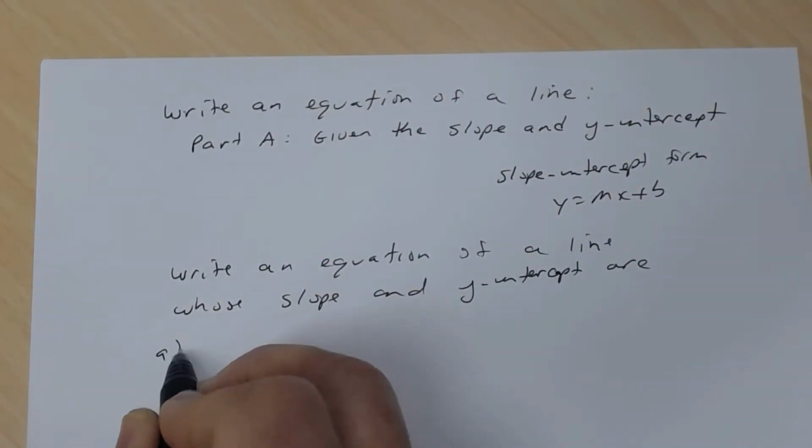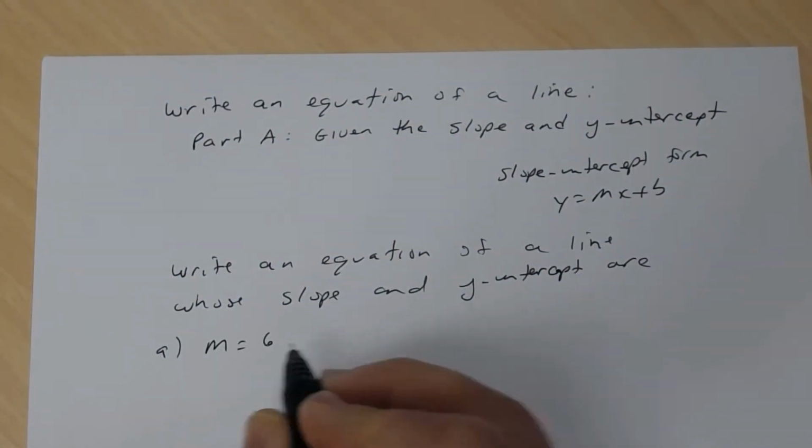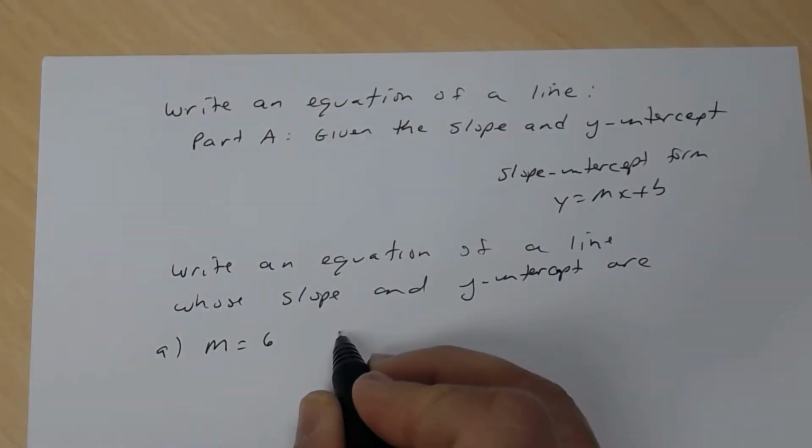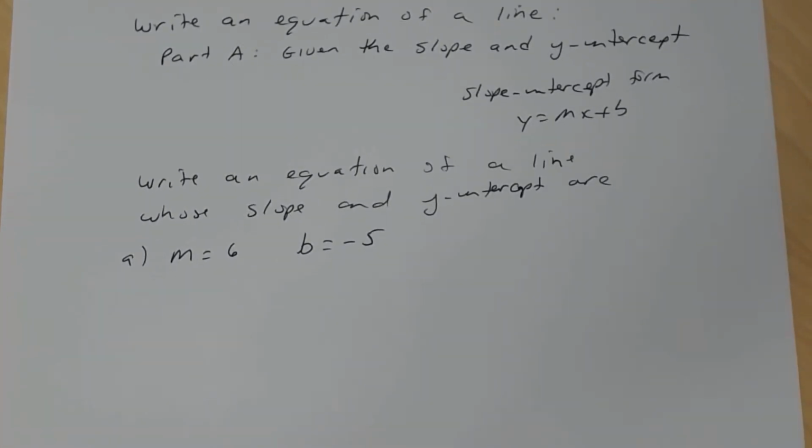Okay, A. So in part A, let's suppose my slope is 6 and my y-intercept, now remember we're going to denote the y-intercept with the letter b, and my y-intercept is -5. Okay, and remember, all I want to do is write an equation of a line. We're not going to graph this.